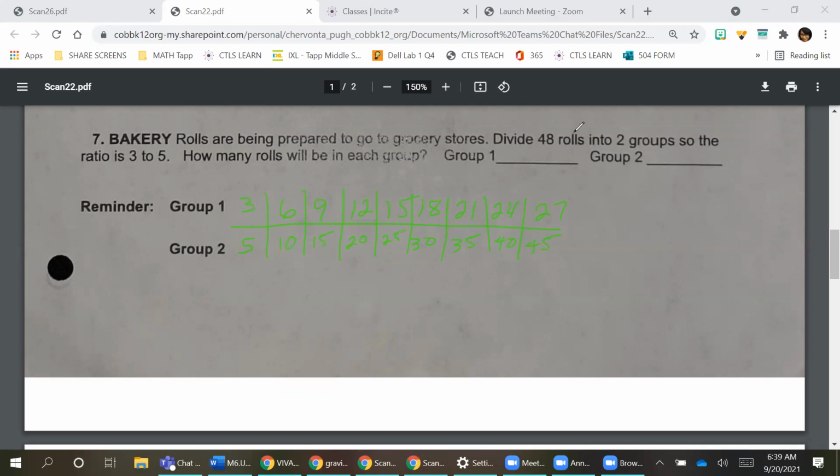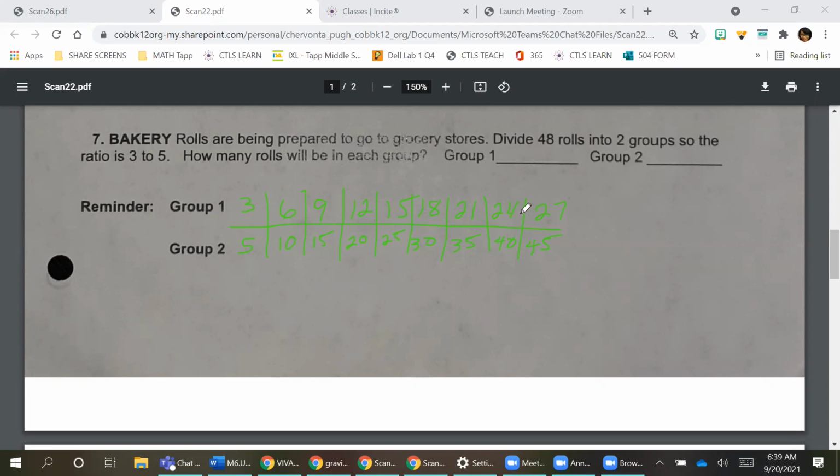So I know that the 2 numbers have to equal 48. So looking at group 1 and group 2, the 2 numbers together have to equal 48. So I know that 27 plus 45 is definitely not 48. All right.